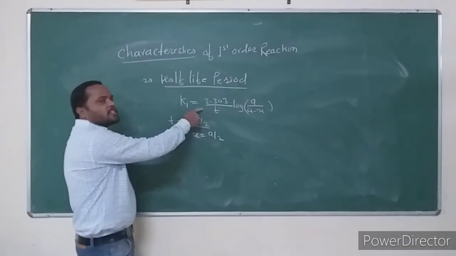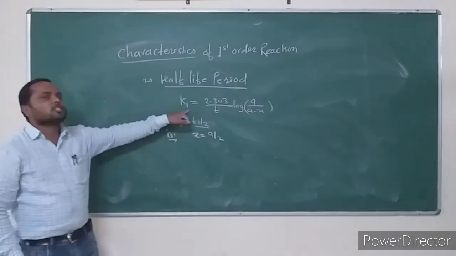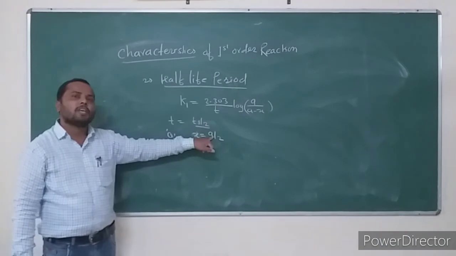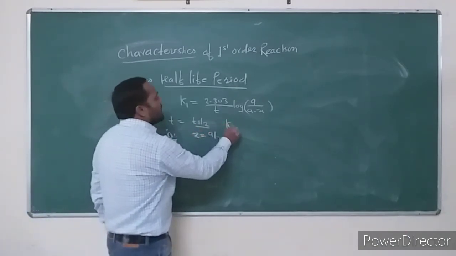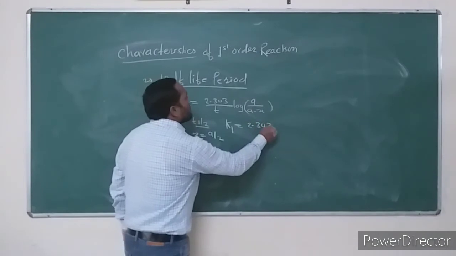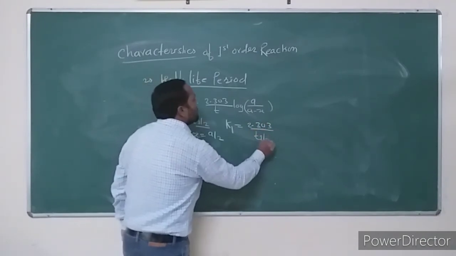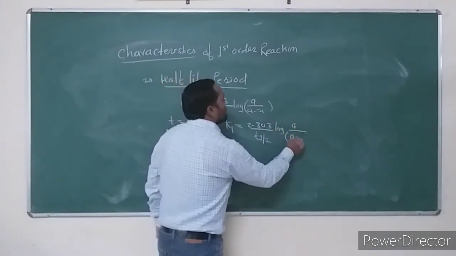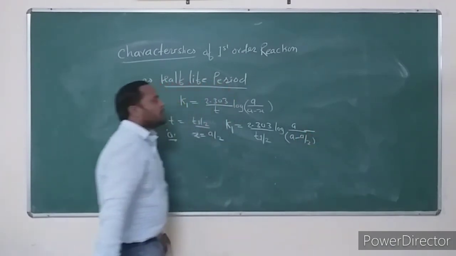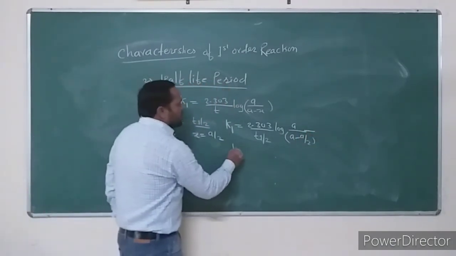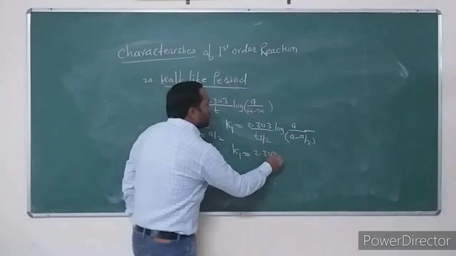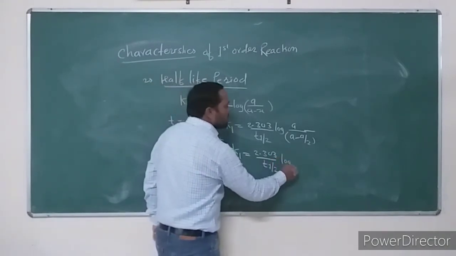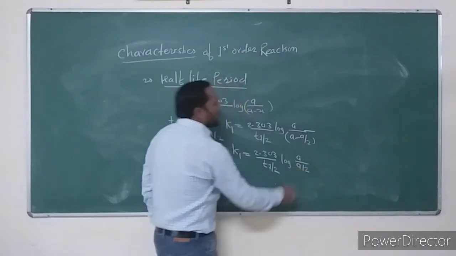Then substitute in the first order rate constant equation t is equal to t half and x is equal to a by 2. Then the equation becomes k1 is equal to 2.303 divided by t half, log a upon a minus a by 2.